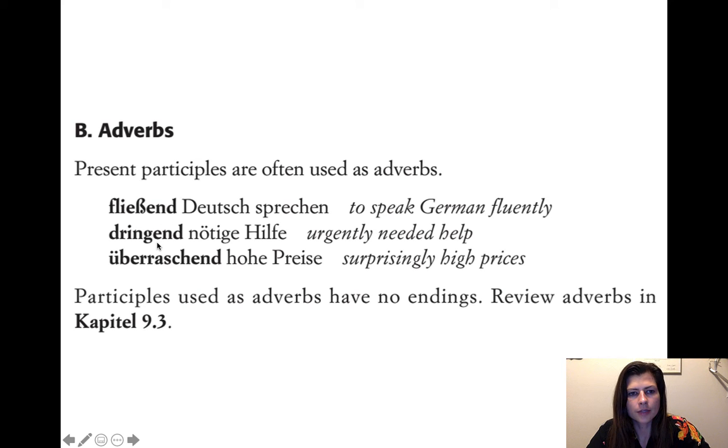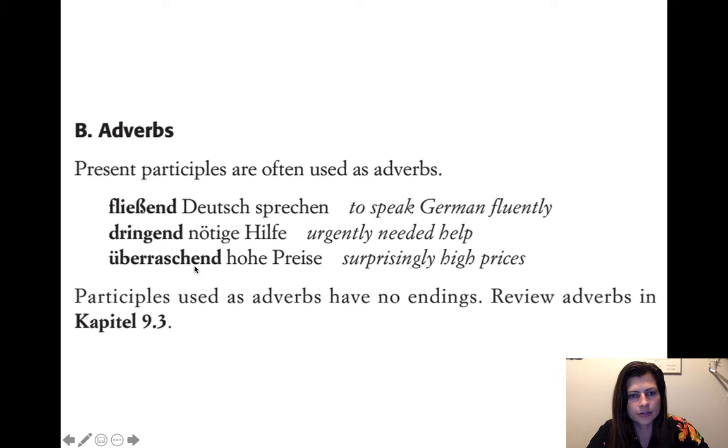And then dringend is a very common word. It's so common that I almost forget that it's actually a present participle, because dringend means like to urge or to force, and then you add the D and it means urgently. It happens all the time. It's a very common word. And then überraschend, surprisingly.